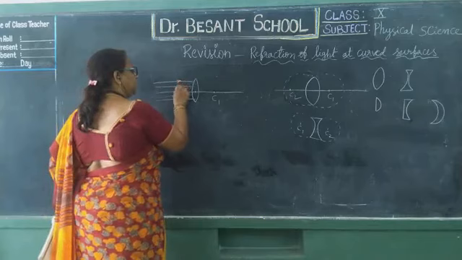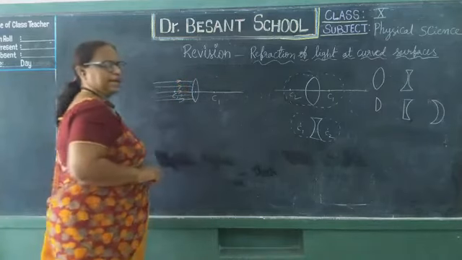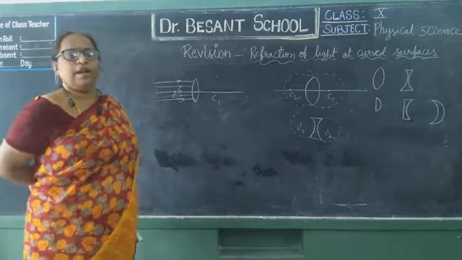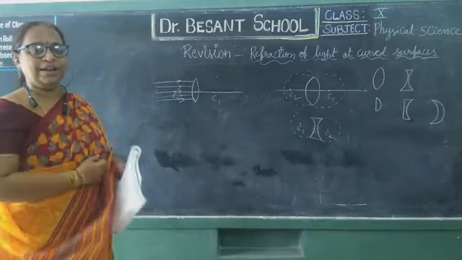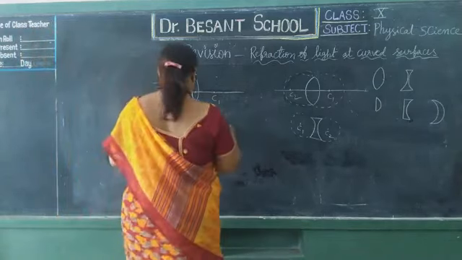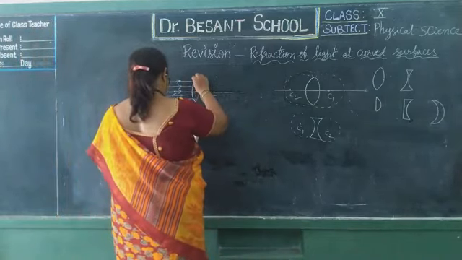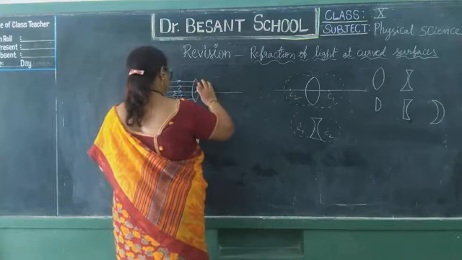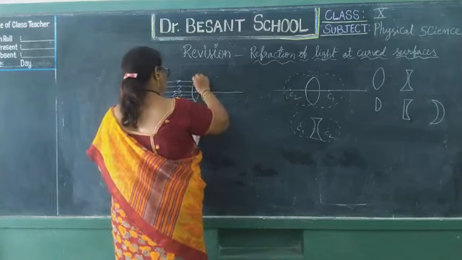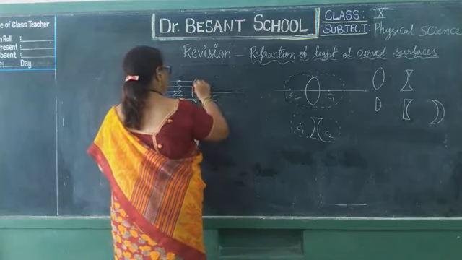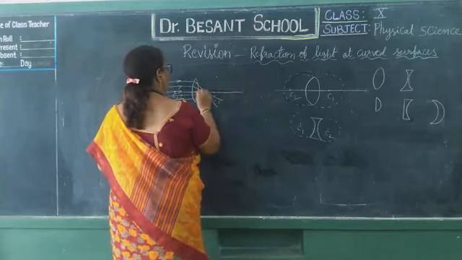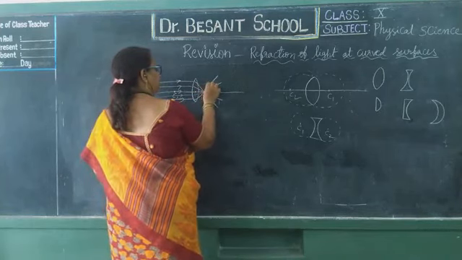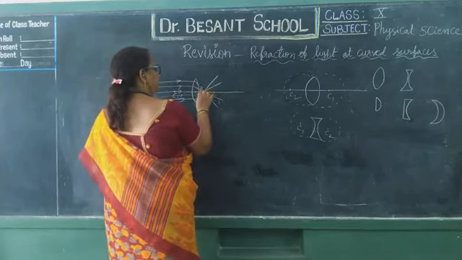Now, all the incident rays are parallel to the principal axis and parallel to each other when the object is at infinity. Then what will happen? All the refracted rays will converge at a point. You can see all the refracted rays will bend in such a way, as there is a change in the medium, that they will converge at a point.